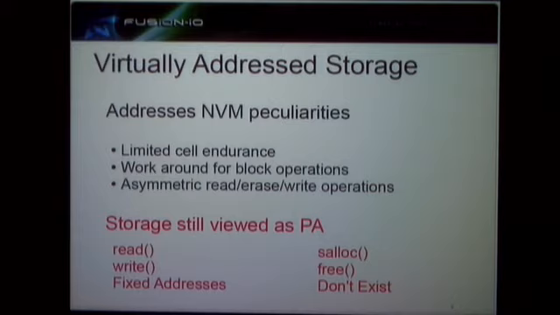Depending on the technology, these parameters may change. We also have the asymmetric read-write erase operations. We don't want to have to erase something before we overwrite it. And so we implement virtual addressing to allow that address to hide the fact that we're changing the location under the hood. However, even though we have this virtual addressing, storage is still essentially viewed as physically addressable.